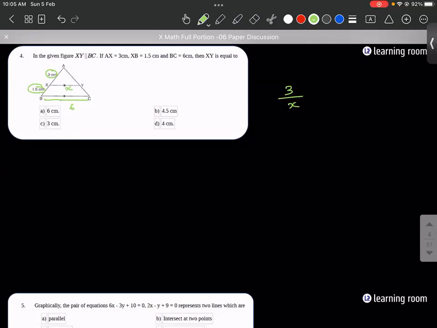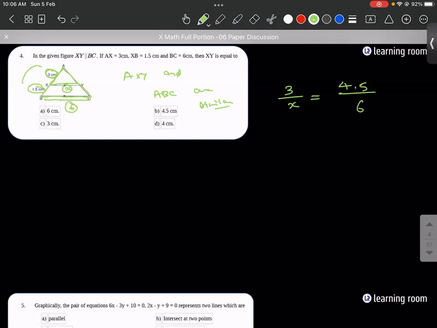It is not 3. Because see, this triangle, Ria, listen to this. The bigger triangle, that is AXY and ABC, are similar. So 3 divided by x should be equal to 3 plus 1.5, that is 4.5, divided by 6.